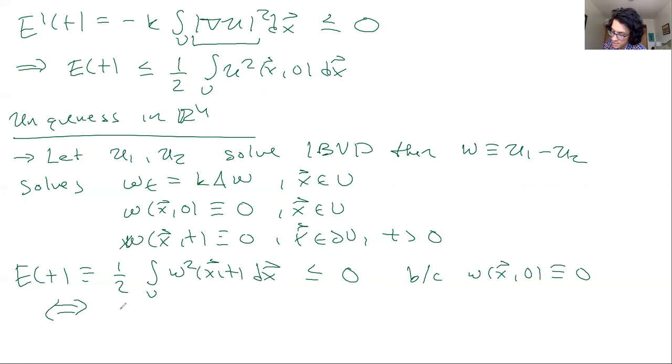And so this implies that w is equivalent to 0, and so u1 is equivalent to u2. This is the general plan whenever you are using energy methods to prove uniqueness.